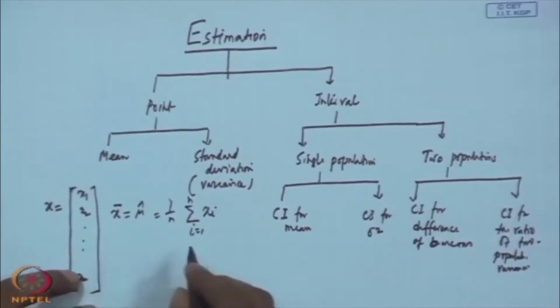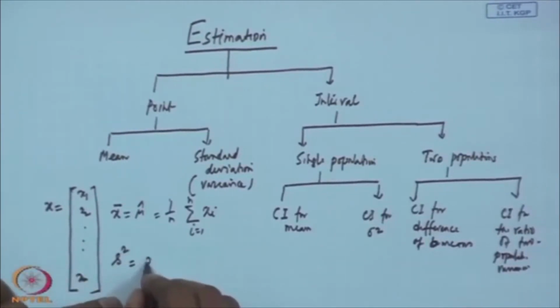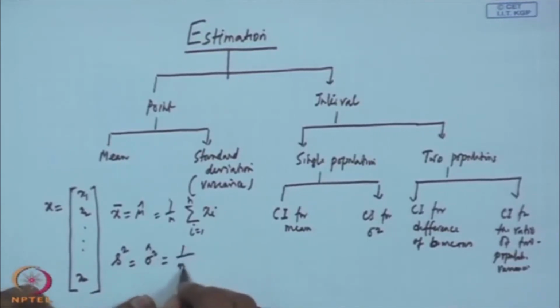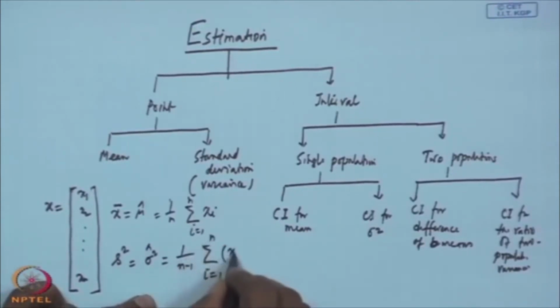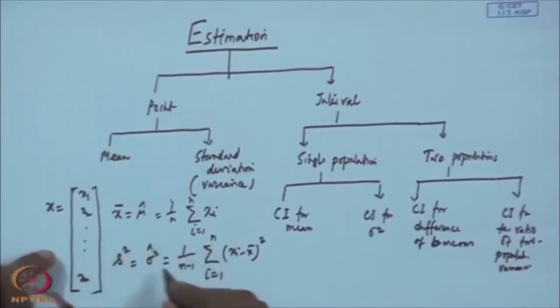Similarly, we will calculate the sample variance, which is the estimate of the population variance, which will be 1 by n minus 1, sum from i equal to 1 to n of (xi minus x bar) square.